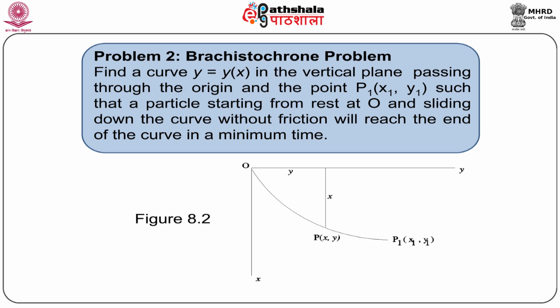This is x and this is y. The particle is sliding down this path in this way. We have to find a curve so that the particle reaches the end point in a minimum time. We shall find the shape of the curve.